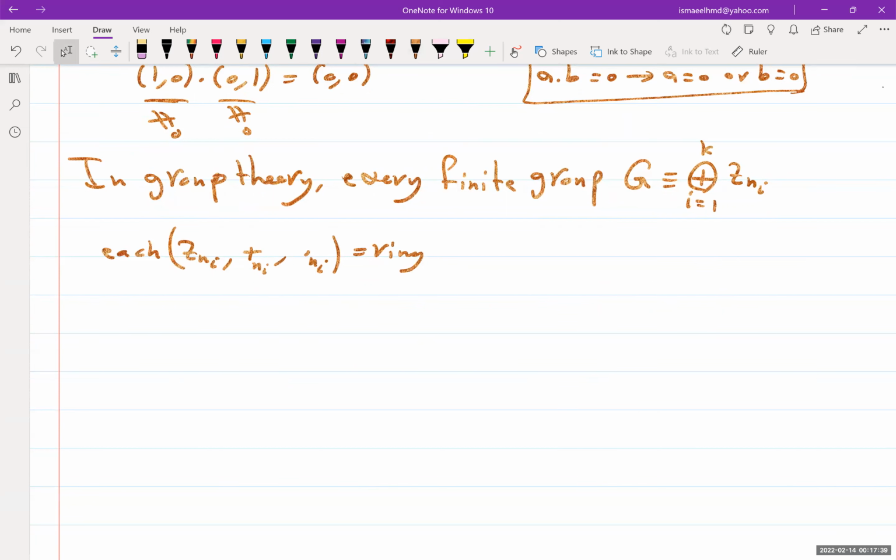Now, like group theory, where we have subgroups, in vector space we have subspaces, even in modules we have submodules. Here in rings we have subrings.